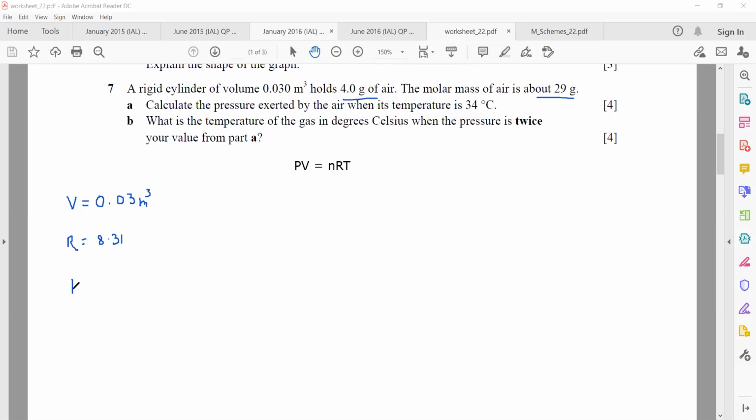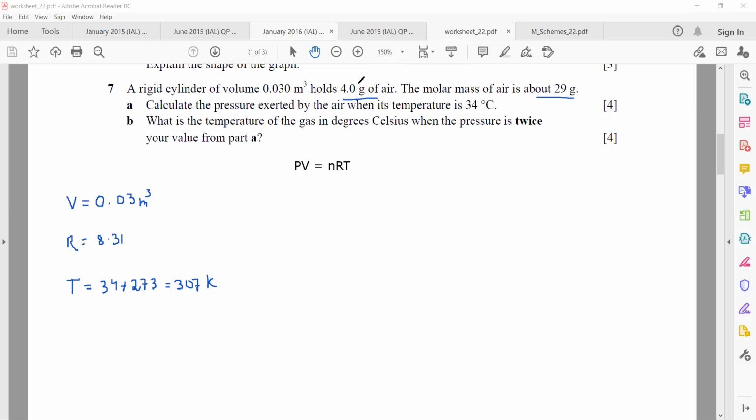T is the temperature, which is in degree centigrade, 34 here, so we add 273. So 34 plus 273 equals 307, which is in Kelvin.